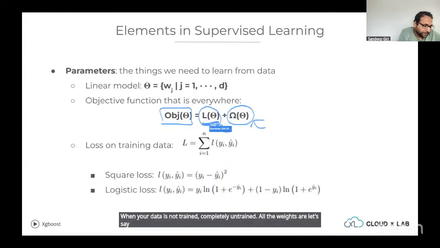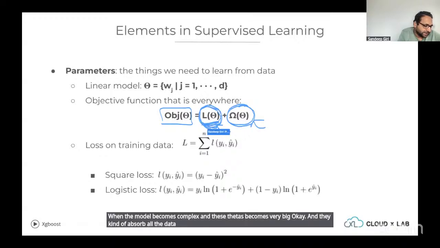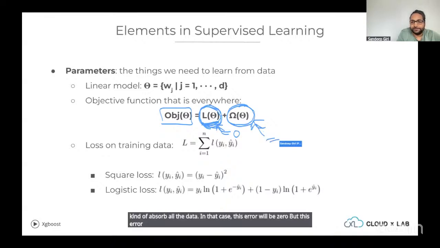What will happen? There will be too much error here and too little error here. When the model becomes complex and these thetas become very big, and they absorb all the data, in that case this error will be 0, but this error will be too high.